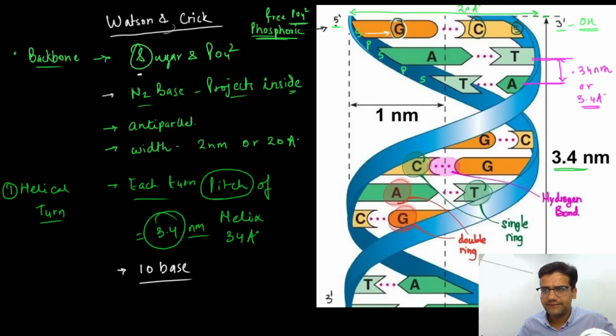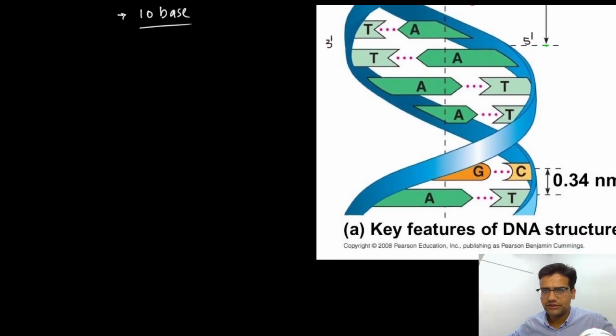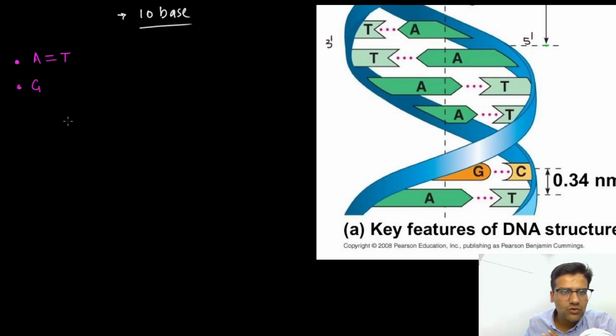Further, they said that adenine is bonded to thymine by 2 hydrogen bonds and guanine is bonded to cytosine by triple hydrogen bonds.